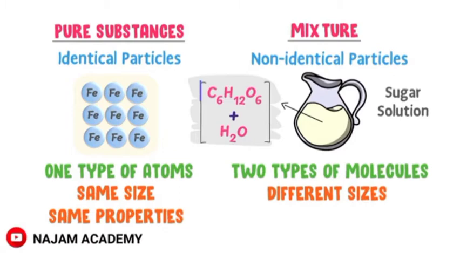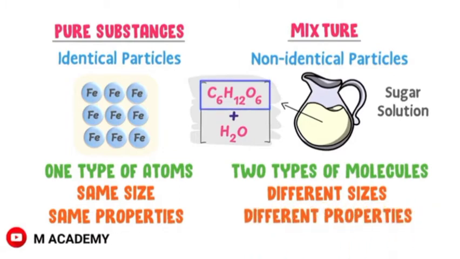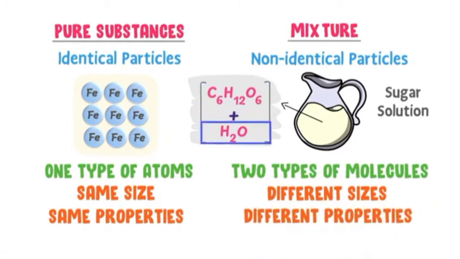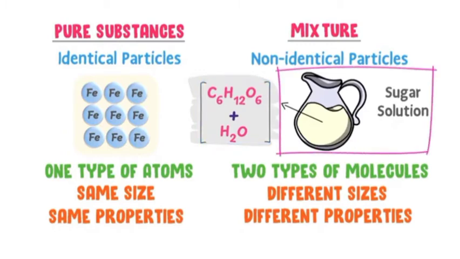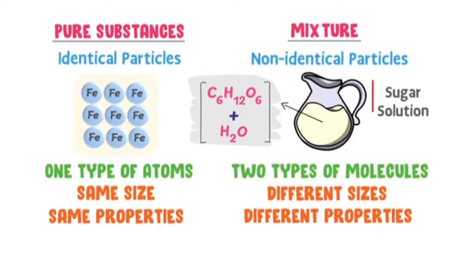The properties of a sugar molecule are different from the water molecules. We also know that we have physically combined or dissolved sugar and water to form a solution. Thus, this sugar solution is not a pure substance. It is a mixture. Here, we also learn that all solutions are mixtures.